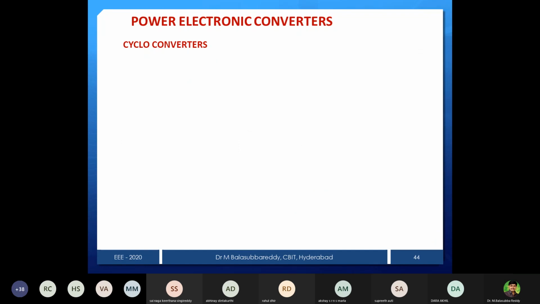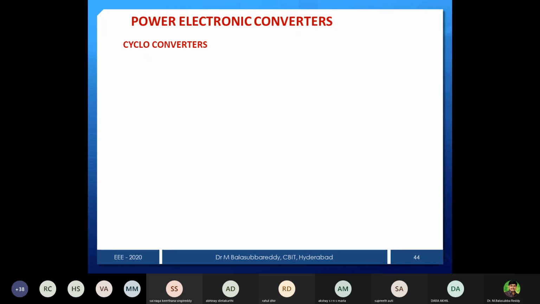Now we'll see the cycloconverters. What is the function of a cycloconverter? What is the difference, you recall? A cycloconverter converts AC to variable AC, but with variable frequency. Here the main intention is to get variable frequencies on the output side.